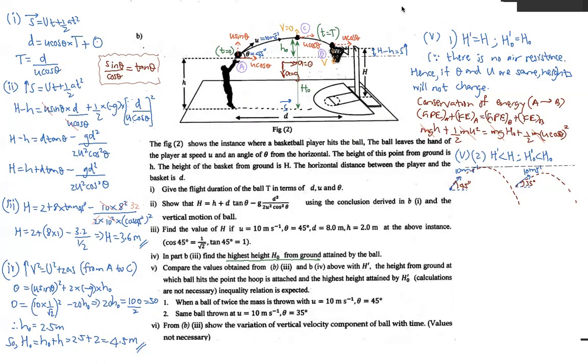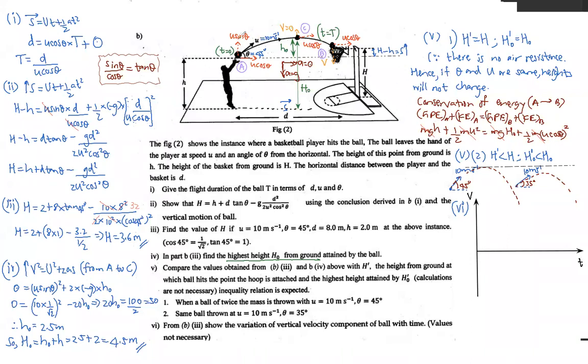So what kind of answers are we going to get here? Vertical velocity. So what kind of graph can we expect, people? Initially, v cos theta, sorry, we don't have to put the value. A graph of v and time would be enough. What kind of graph do we get?